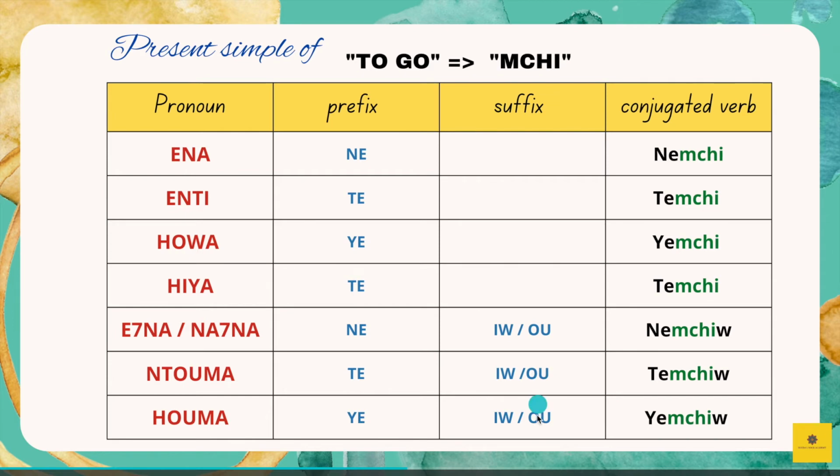Actually, for some accents, they say نمشو, تمشو, يمشو. But in the Tunis area, for example the capital, we use نمشيو, تمشيو, يمشيو.